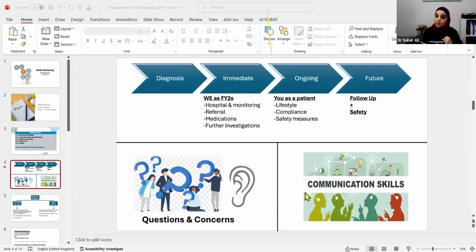Your sympathy, your empathy, your understanding, sharing the plan with the patient, involving the patient. If the patient needs some acknowledgement of some fears, if the patient needs some support, and you don't show all of that, your management is incomplete.